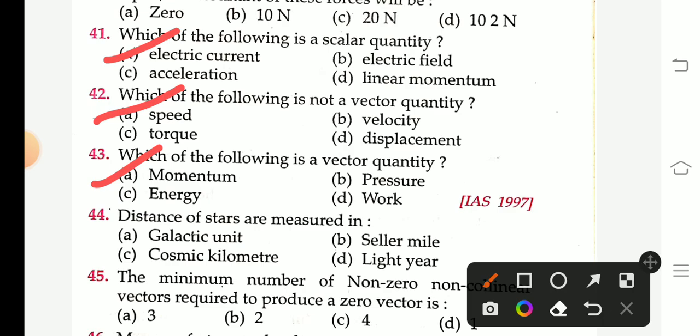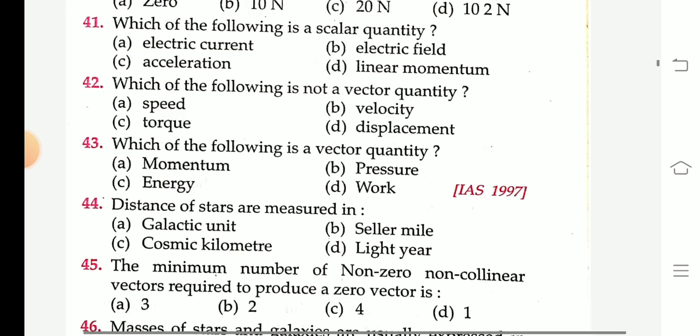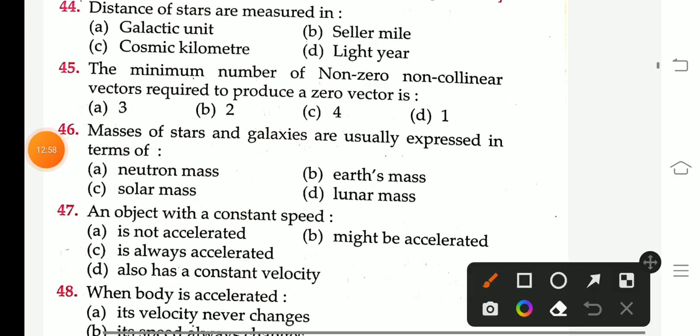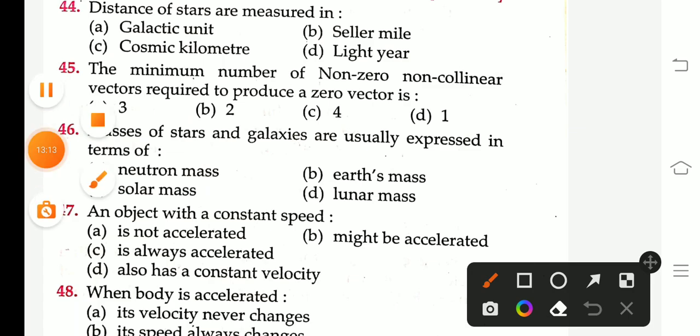Distance of stars are measured in light year. The minimum number of non-zero non-collinear vectors required to produce a zero vector is 3.